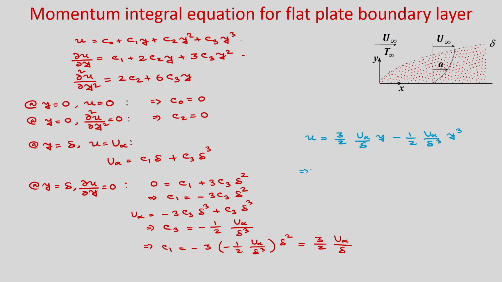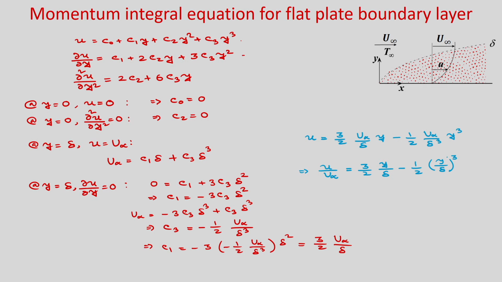So, you can write u by u infinity is equal to 3 by 2 y by delta minus half y by delta cube. So, you can see that assumed velocity is in terms of a single unknown variable delta, and delta is a function of x.